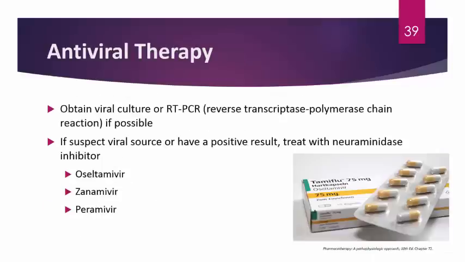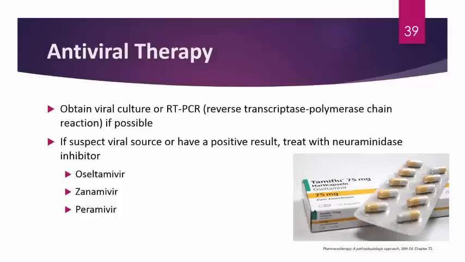For patients who you suspect of having some kind of viral issue, the most common viral issue that we see here is the flu, especially considering that we're still in flu season. For these patients that you suspect of having the flu, it's important to obtain some kind of viral culture or reverse transcriptase polymerase chain reaction, or RT-PCR, if possible.